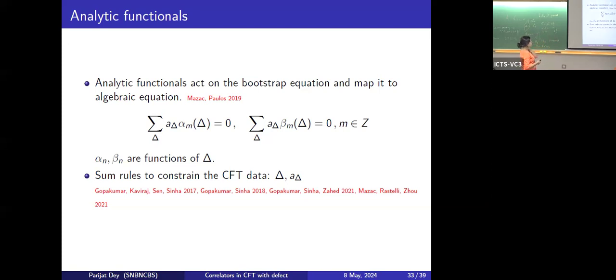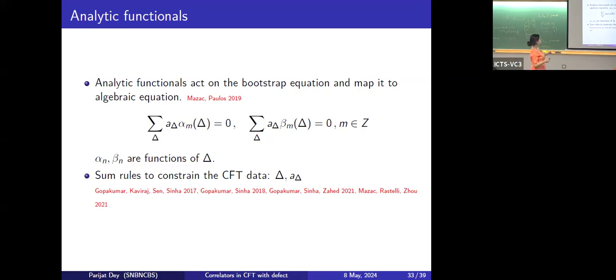With these analytic functionals, we end up getting these kinds of algebraic constraints. These are two constraints with alpha and beta being some functions whose explicit forms I have not written, and here the z dependence is gone. So this is a purely algebraic equation, and we can try to solve it and get the values of deltas and A's. These are known as the sum rules to constrain the CFT data.